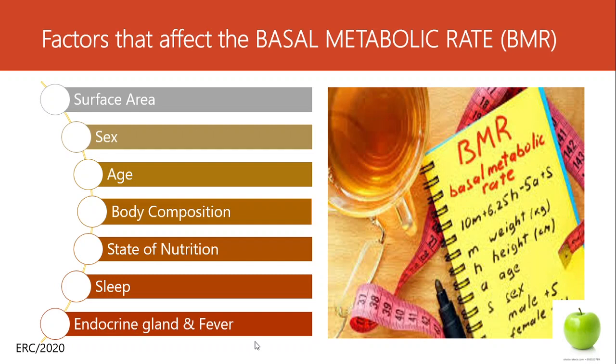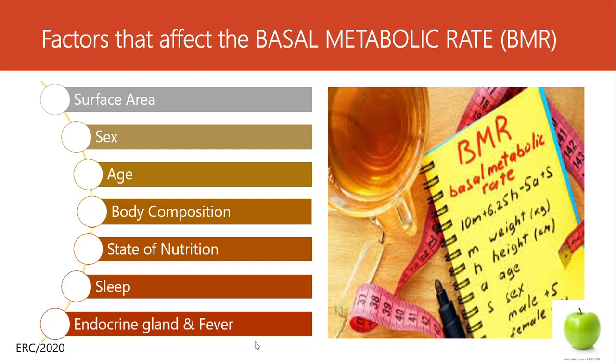For the body composition, a larger proportion of inactive adipose tissue lowers the basal metabolic rate. Athletes with great muscular development show about 5% increase in basal metabolism over non-athletic individuals. Another factor is the state of nutrition.